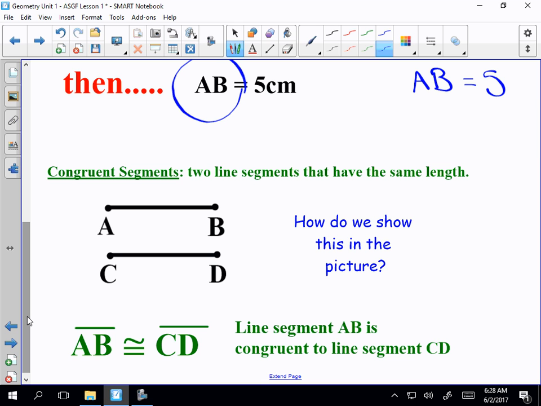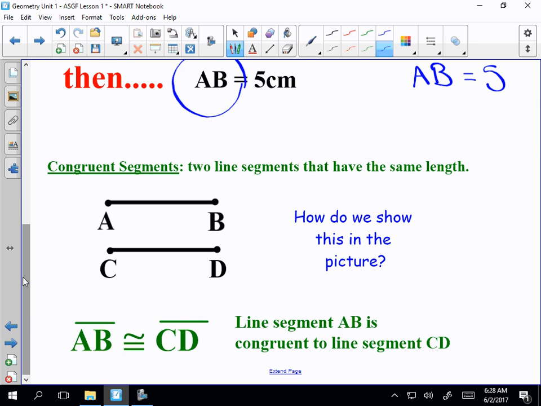Okay, our next piece is congruent segments. Congruent segments are two segments that are the same length. They're not necessarily the same segment, because here we have segment AB, designating it with the truncated line, no arrows, and we have our segment CD, same notation.